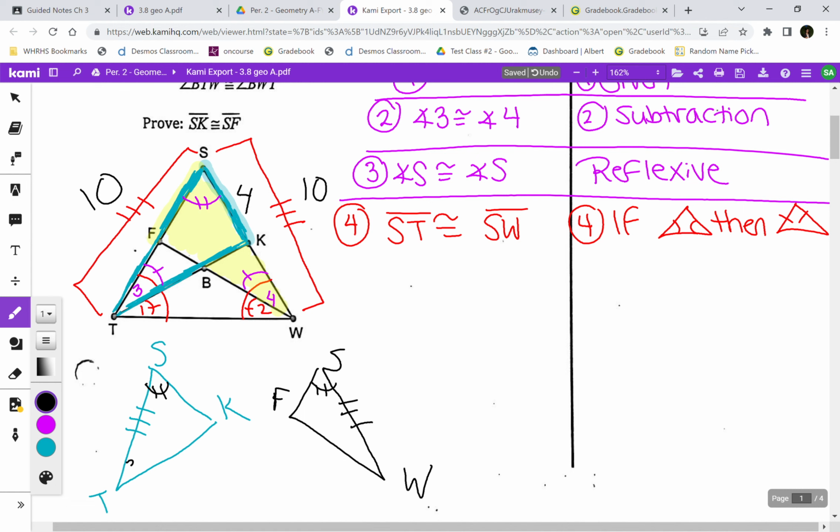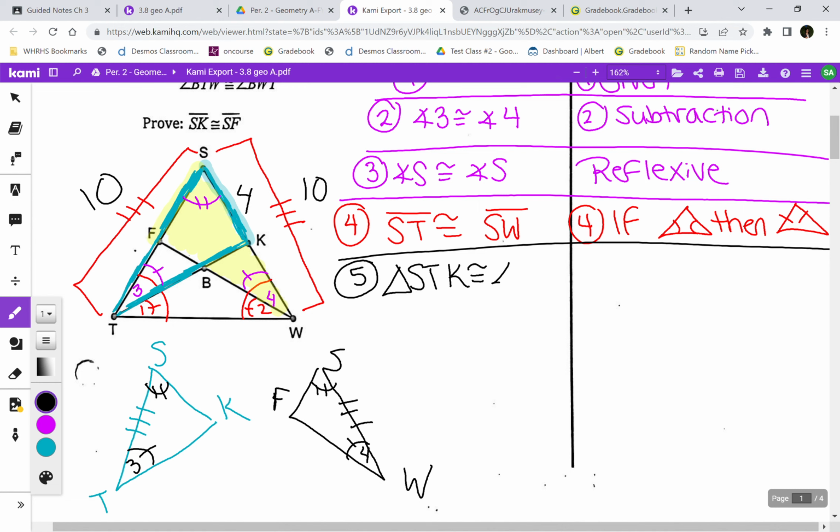We have angle 3 congruent to angle 4, and we have ST and SW. Isn't that angle side angle? Yeah, so step number 5 is triangle STK is congruent to triangle SWF, angle side angle.